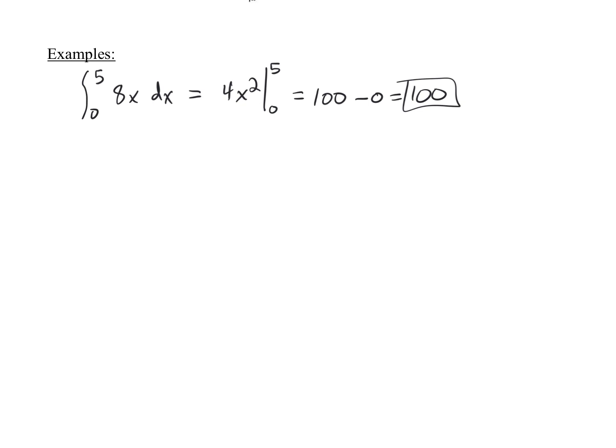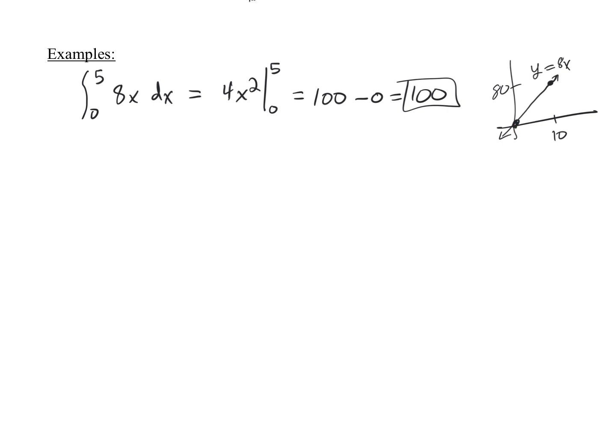Now that we have our answer, we can think about what the graph of this would look like. So if you think about the graph of y is equal to 8x, it goes through the origin. It also goes through, like if x is 10, our y value would be 80, so it goes through that point there, continues in both directions forever. And we are looking at how much area was under that line from 0 to 5.